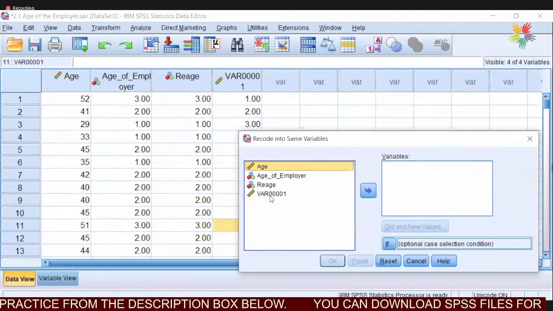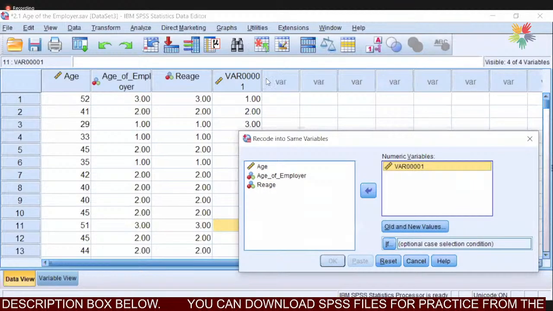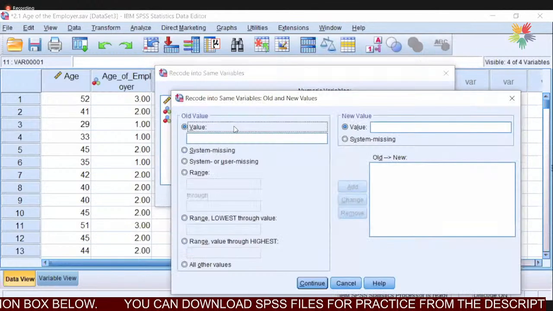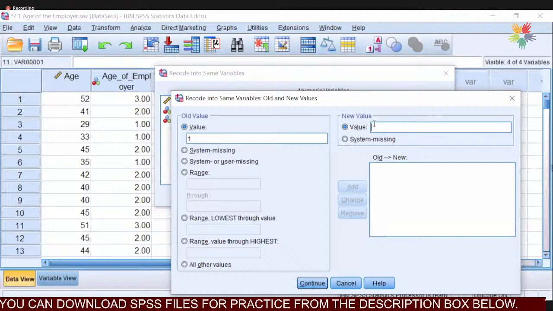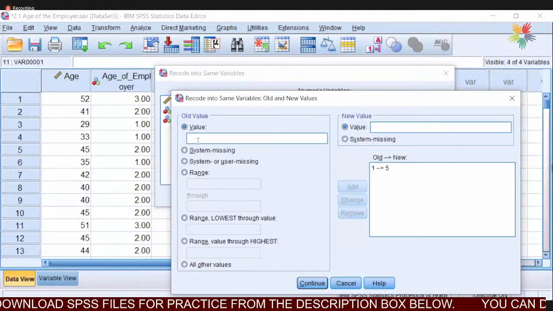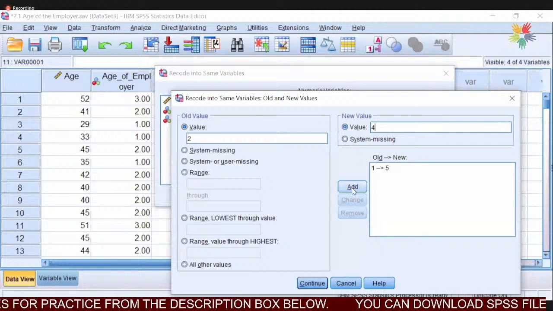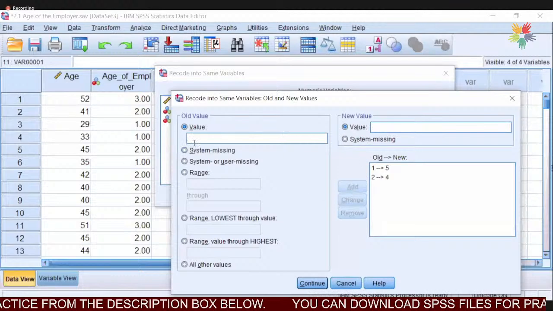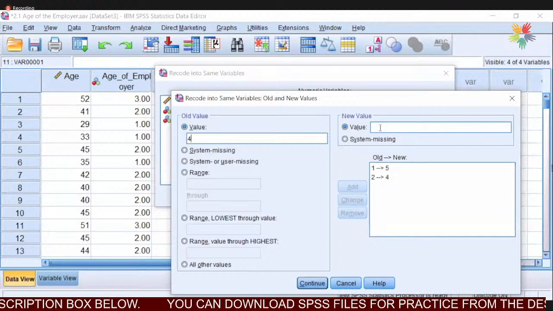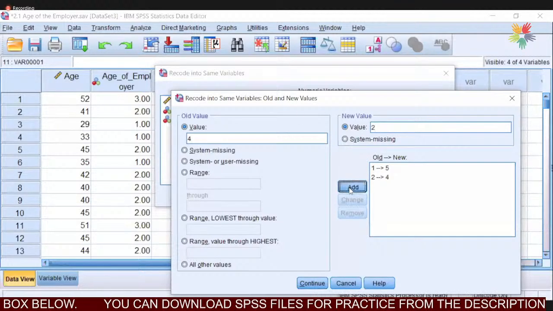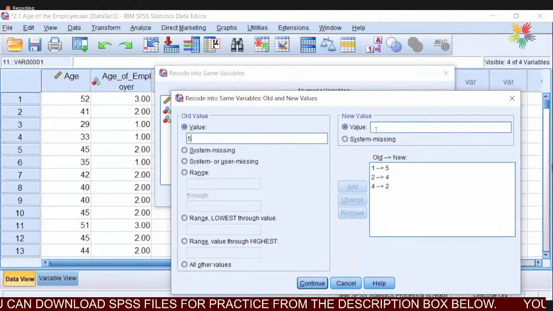Let me take this variable. Old and new values: when old is 1, new is 5. When old is 2, new is 4. When old is 3, not necessary. When old is 4, this should be 2. When old is 5, this should be 1.